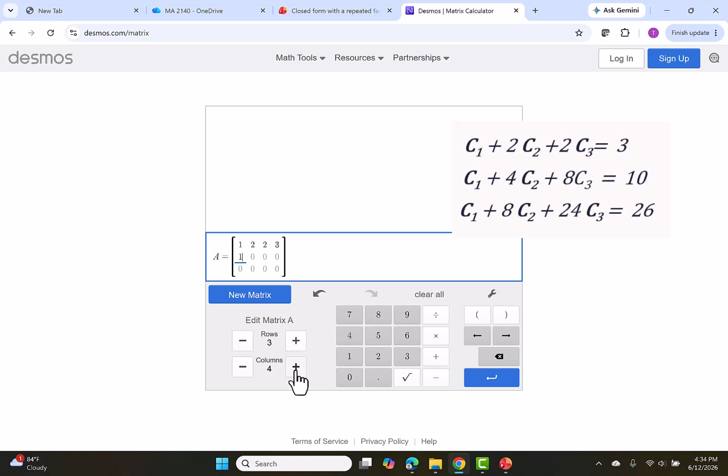Then I again had c1, so I put in a 1. Then I had 4c2, 8c3, and that was equal to 10. Then our last equation, again, was 1c1, 8c2, 24c3, and that's equal to 26.